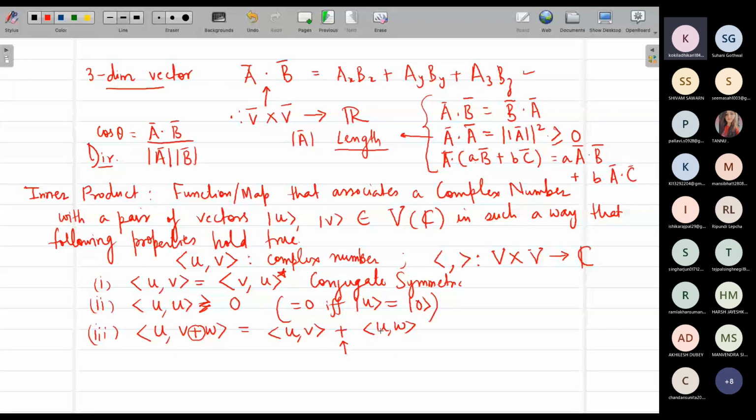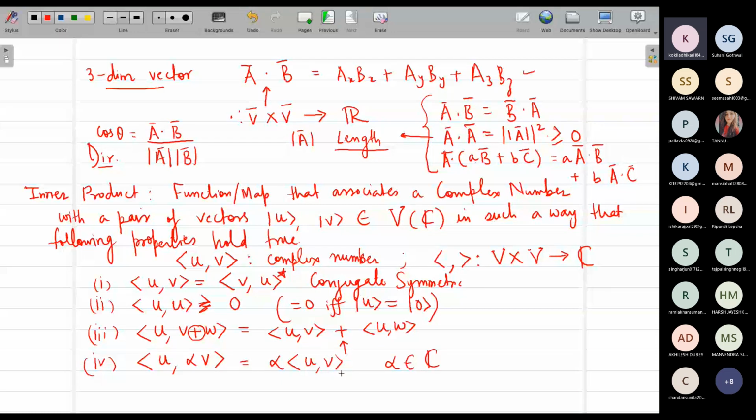Complex numbers. So just remember that. In the books, it is used like this, but please remember that when we are talking about v plus w, it is the two vectors. And final one, u comma alpha v is equal to alpha times u comma v, where alpha is any complex number.